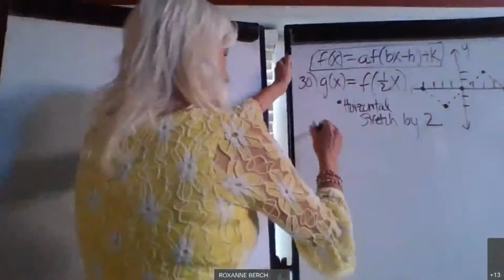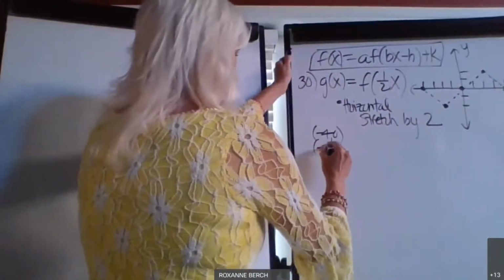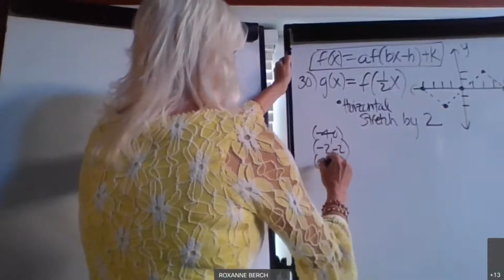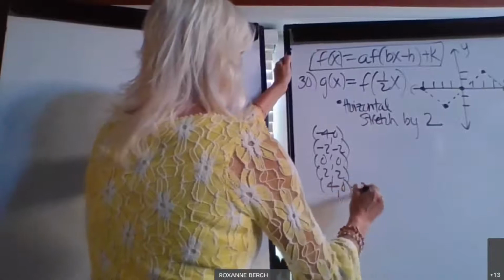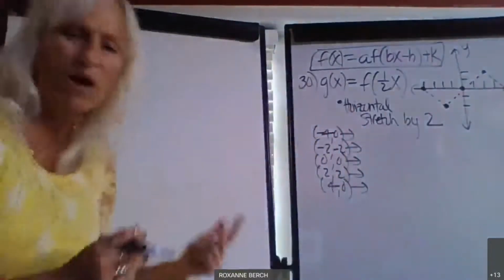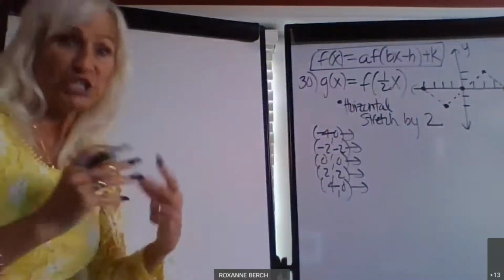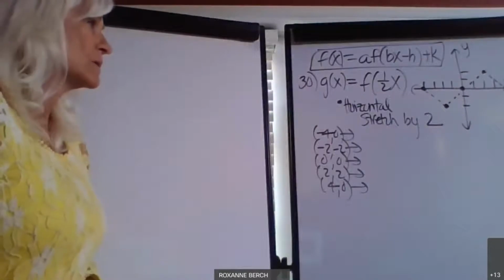So remember the points were left 4, 0, left 2, down 2, 0, right 2, up 2, right 4, 0. And doesn't a horizontal stretch morph the graph? Doesn't it change the graph? It doesn't just move the graph, it's going to change it.